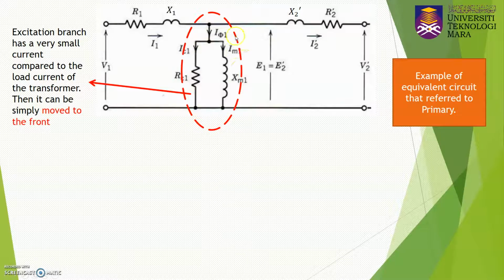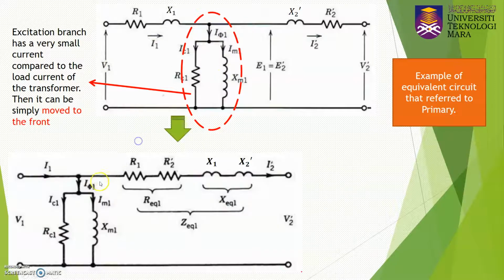So the values of IM and IC1 here are very small compared to I1. So you can simply move this branch to the front, so that you get this kind of circuit.